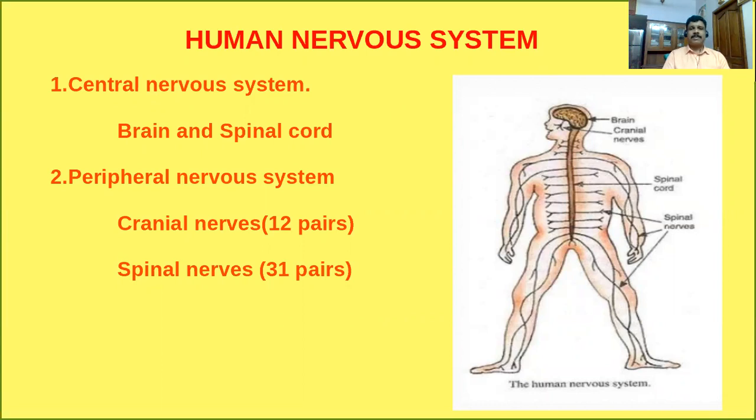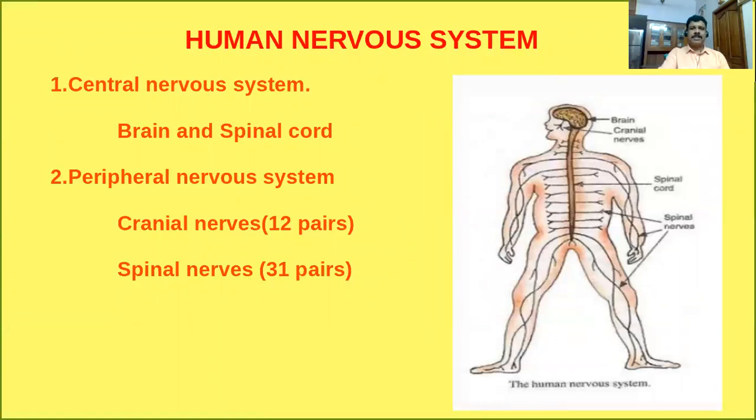We discussed the structure of the neuron, the nervous cell, different types of nervous cells, etc. And we discussed the human nervous system consisting of two parts, that is the central nervous system and the peripheral nervous system.